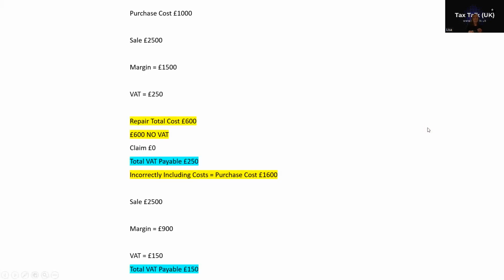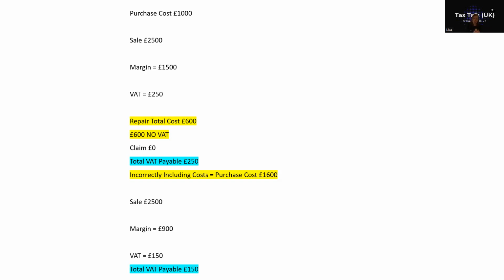So now we can see, when we look at the impact of both of these methods, that in this scenario where there was no VAT able to be reclaimed on the additional cost, if we incorrectly include it in the purchase cost, we're actually going to be understating our VAT liability.